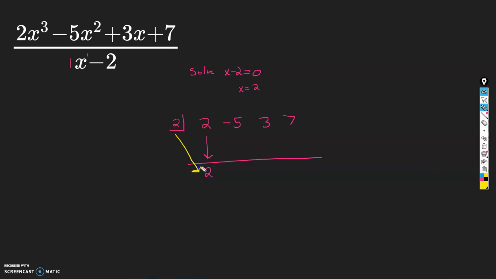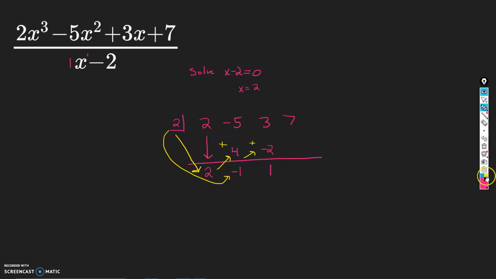Multiply: 2 times 2 is 4, so that goes there. We add these together: negative 5 plus 4 is negative 1. Then multiply and add: 2 times negative 1 is negative 2, and 3 plus negative 2 is positive 1.